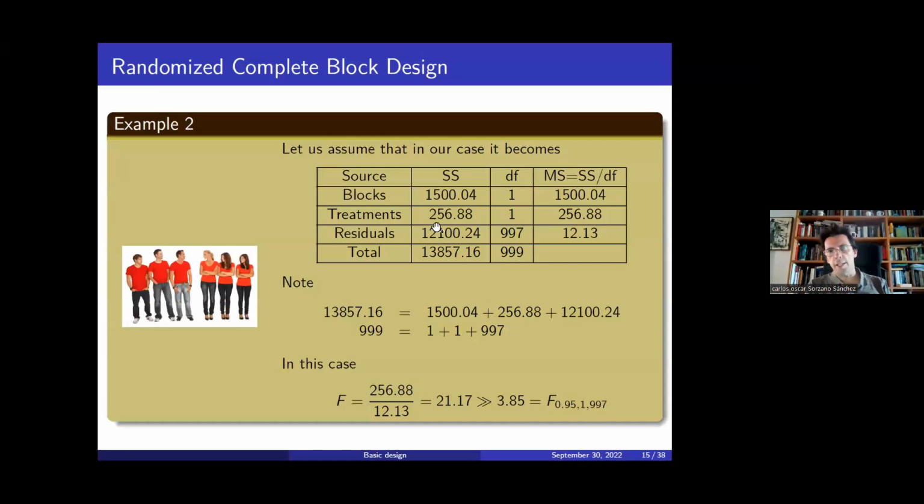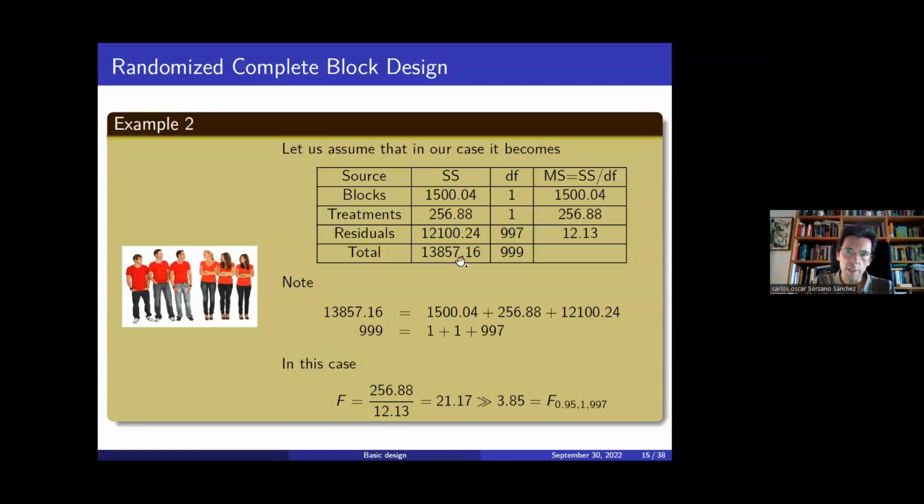So for instance, in this example of blood pressure, I have only one block that is gender, and this gender explains 1500ths of the total variability with just a single degree of freedom. And this 1500ths is taken out from the variability of the residuals.